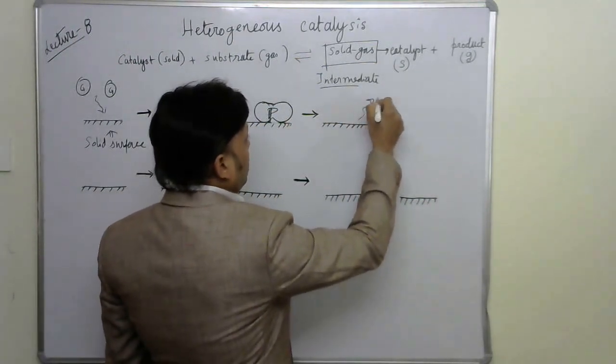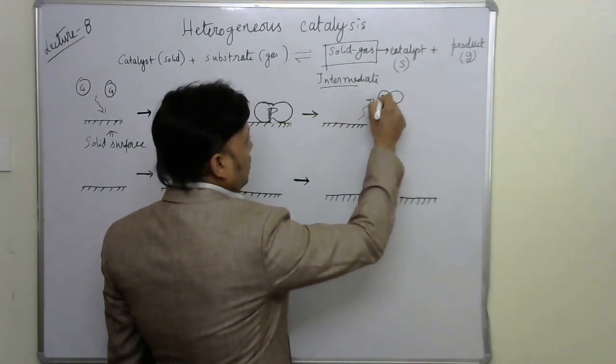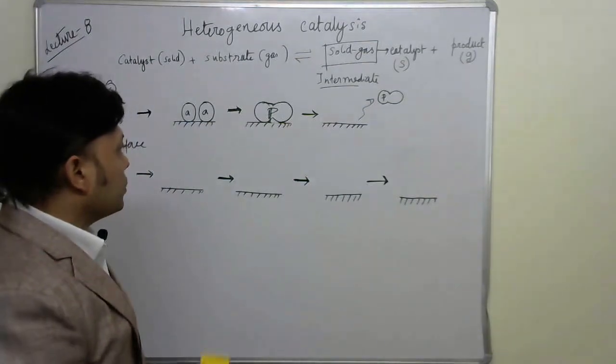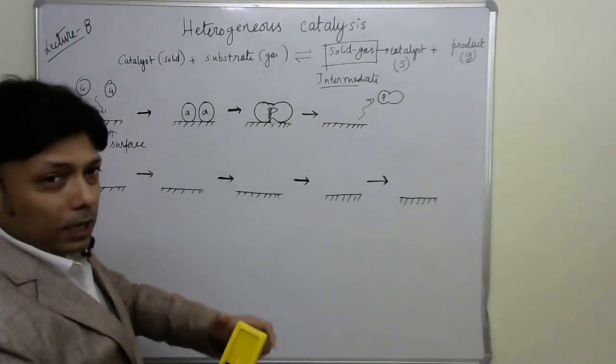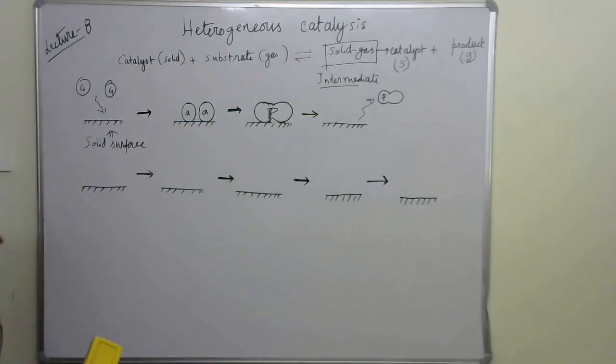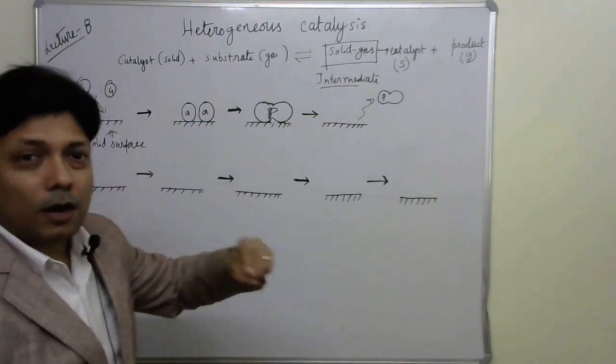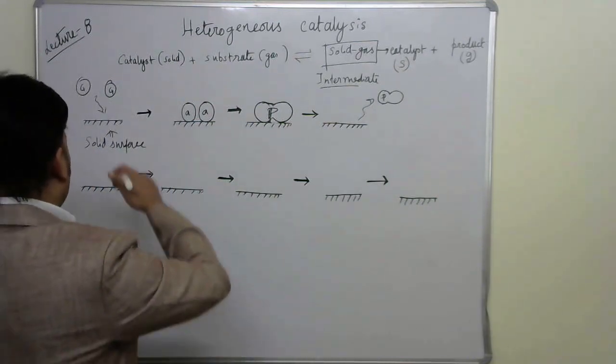So the product P is supposed to be removed from the surface, so that now the surface is free to take fresh gas molecules. So these four basic steps are classified as something like this.